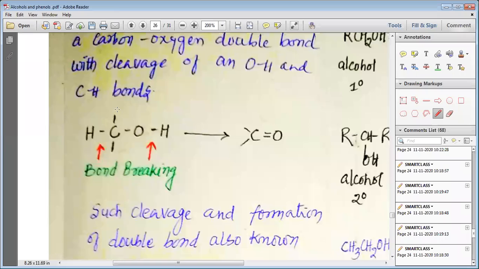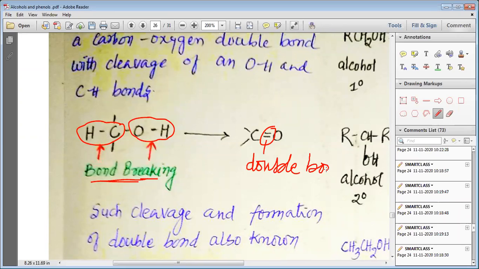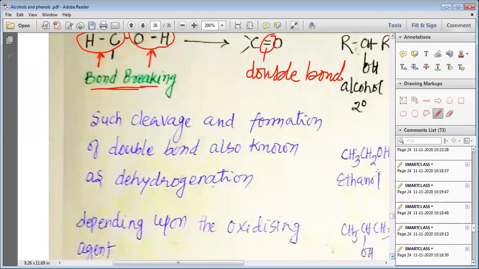One is the bond between the carbon and hydrogen, and another broken is the bond between oxygen and hydrogen. So these two bonds are broken, and a new bond is formed, the bond between carbon and oxygen, which is a double bond. This is what happens when we oxidize any alcohol.